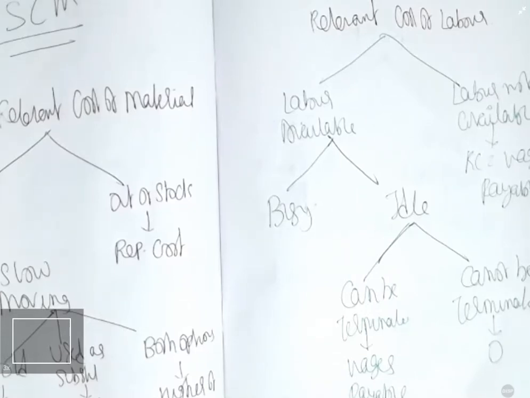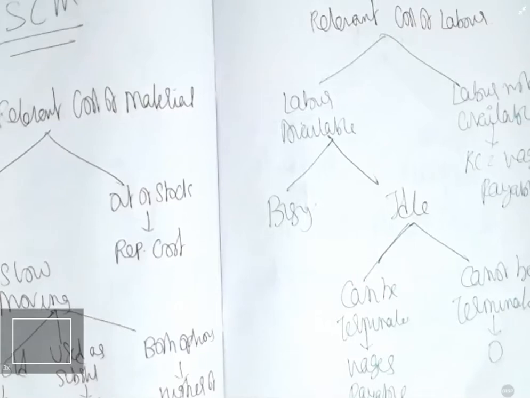If they are idle, the next question is, can you terminate them or can they not be terminated? If you cannot terminate those people, relevant cost is 0, and if you can terminate them, relevant cost is wages payable.